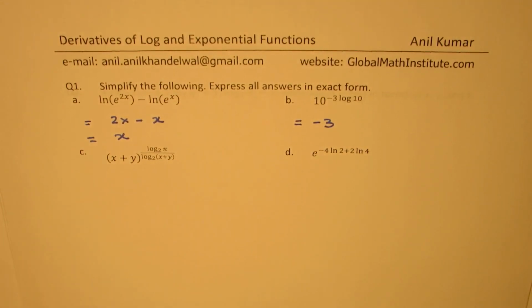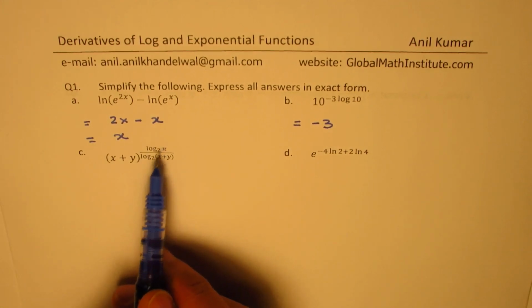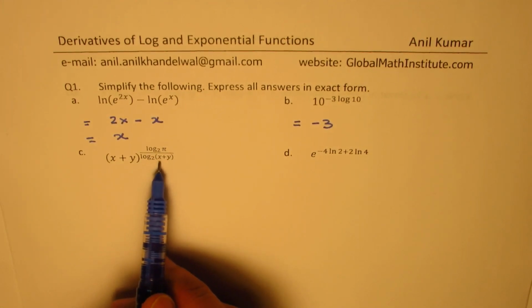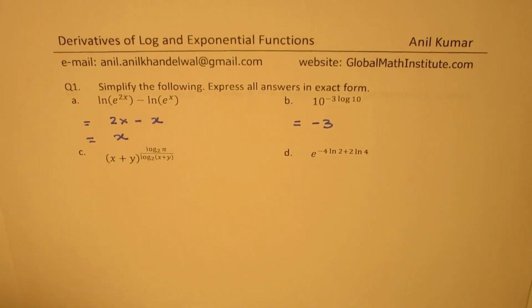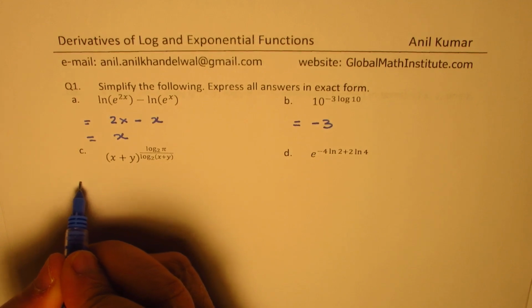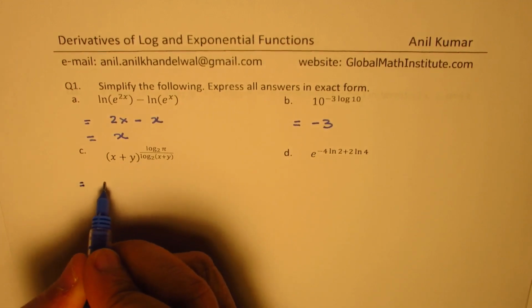Now, part C is kind of tricky, because of which I have really taken this question. It says x plus y to the power of log to the base 2 of pi divided by log to the base 2 of x plus y. How are you going to do this? There are a lot of tricks involved in this. I'd like you to look at it very clearly.